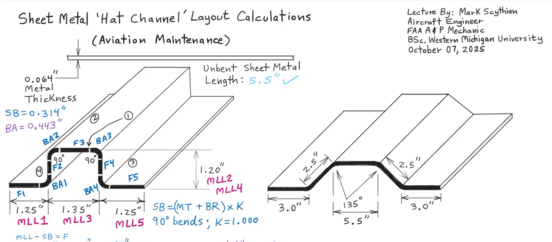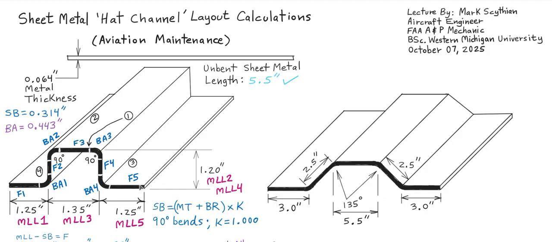So now, how do we bend this unbent sheet metal piece? We start with bending at point 1, so we have to bend right here. Cannot bend anywhere we want. We have to bend at the start of bend allowance 3. So what we have to do is translate what the equivalent distance is from the right side here to this first point here.